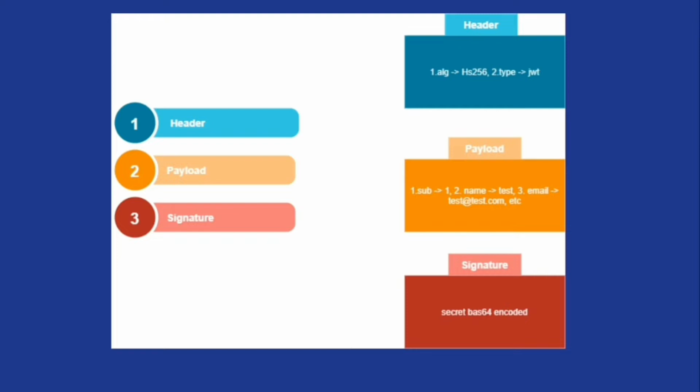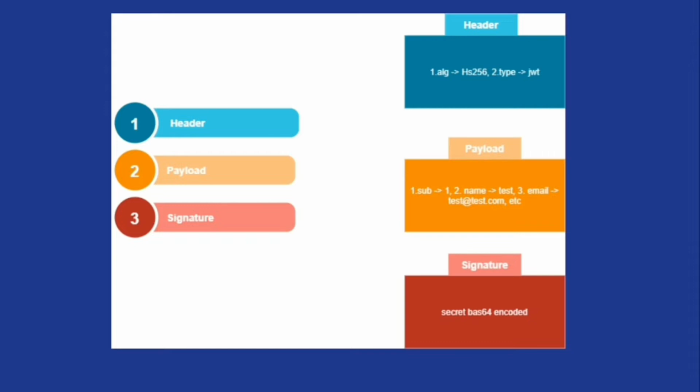The signature is the type of encryption that has been used for creating the token. So basically, the string we see as a JWT token is comprised of all these three ingredients.